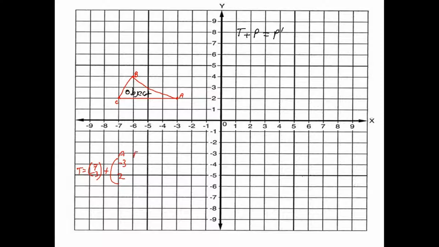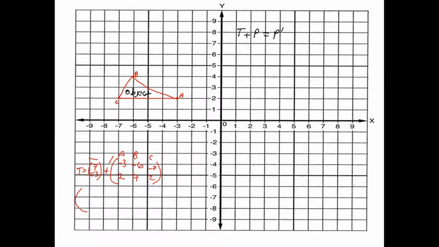Coordinates for B would be (-6, 4). Coordinates for C would be (-7, 2). Alright, we still know that to add matrices, we're using row by column.